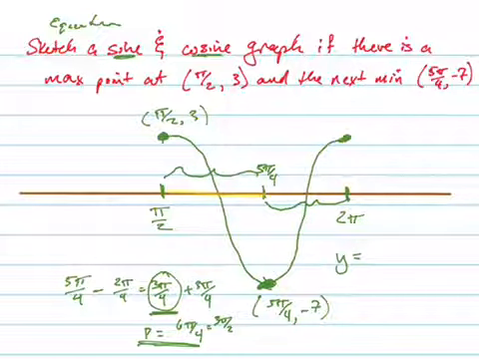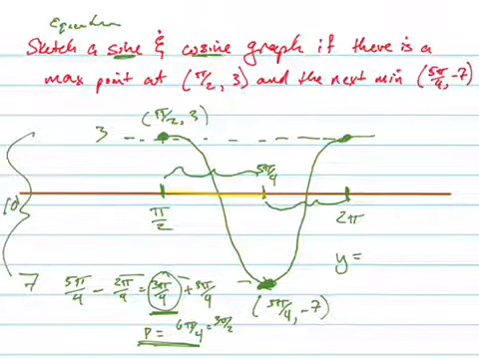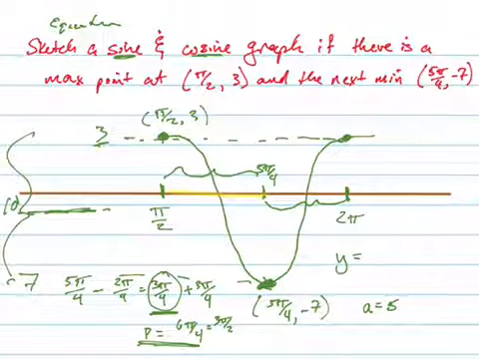If this up here is 3 and this down here is negative 7, then that total is 10, divided by 2, and that gives you your A. A is the total distance from top to bottom divided by 2. So A is 5. And what's the middle between 3 and negative 7? Negative 2 is going to be the center.